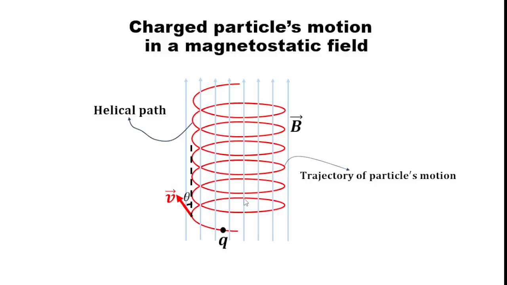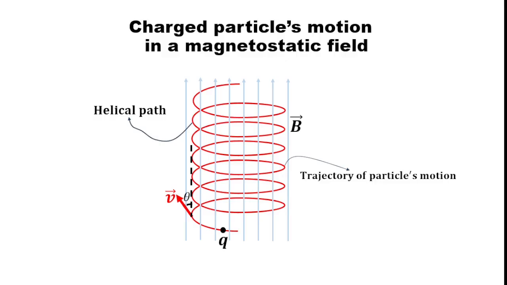The particle thus experiences two motions, perpendicular to the magnetic field and parallel to the magnetic field. The net effect of these two motions is the helical path.